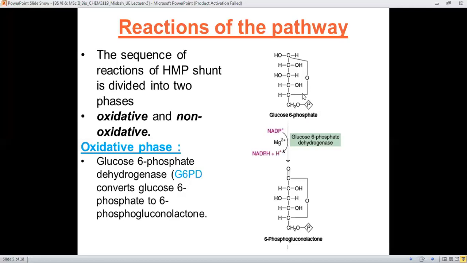The cyclic form of glucose is drawn here, and two hydrogens are removed from the glucose 6 phosphate. These two hydrogens are removed from the first carbon. Therefore, NADP takes these two hydrogens in the form of NADPH and H positive. Magnesium ion is the cofactor needed for the activity of the dehydrogenase enzyme.